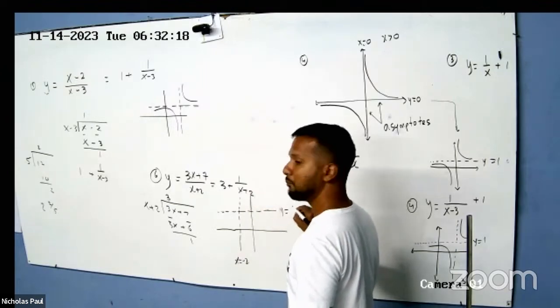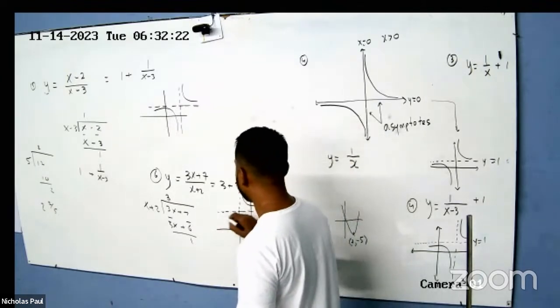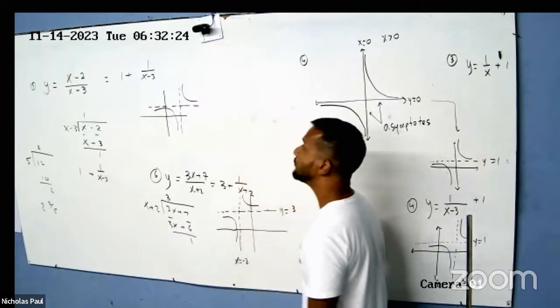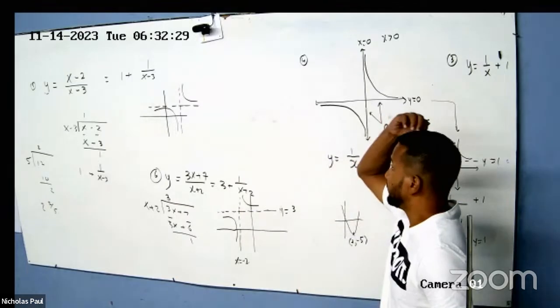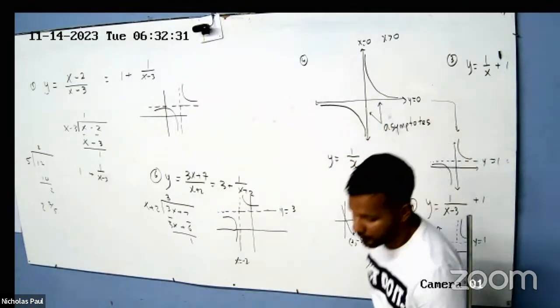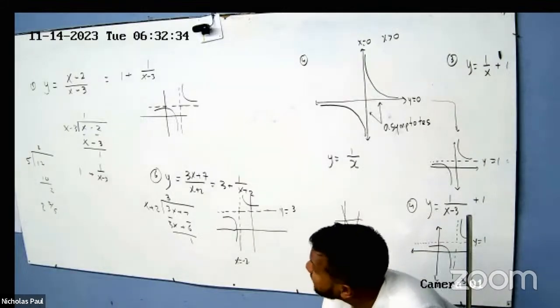So the graph is here and here. Right, the graph is here and here. All right, so that's it for the first part of transformation.